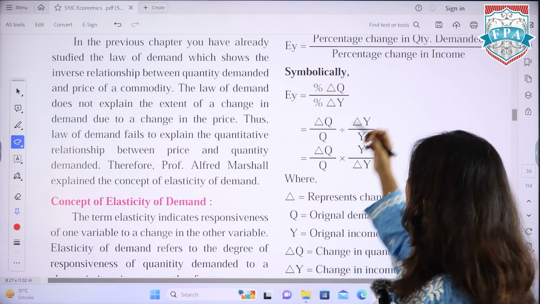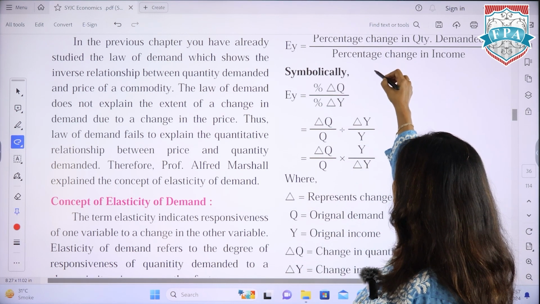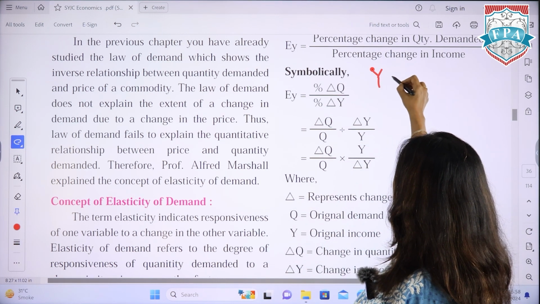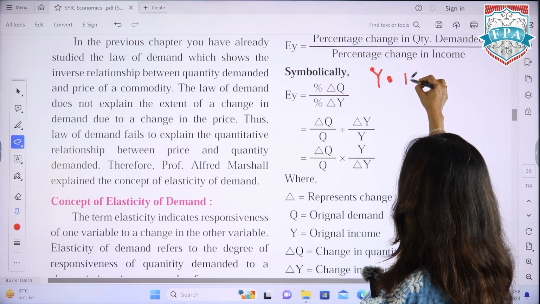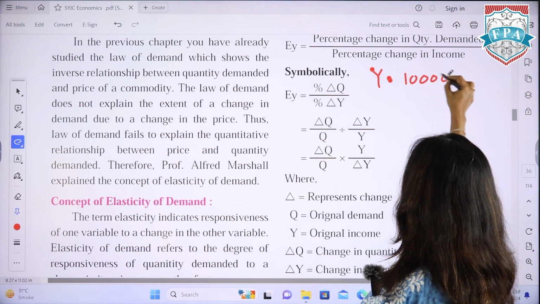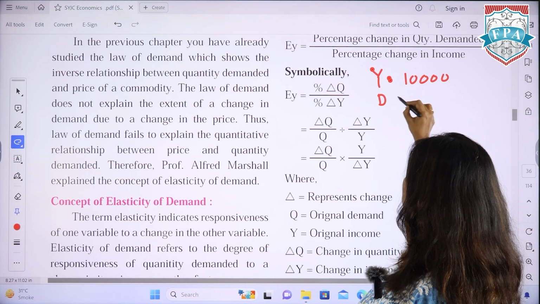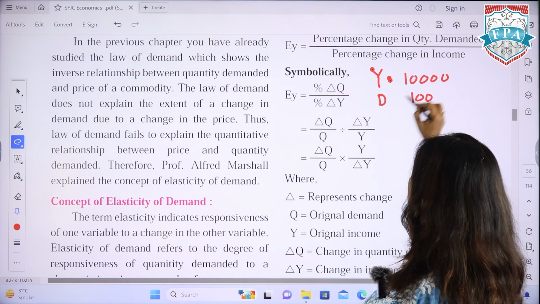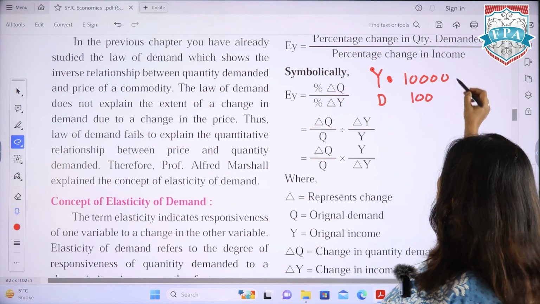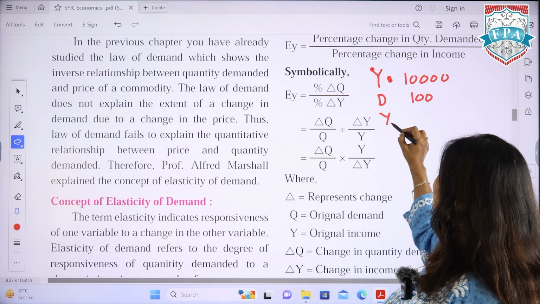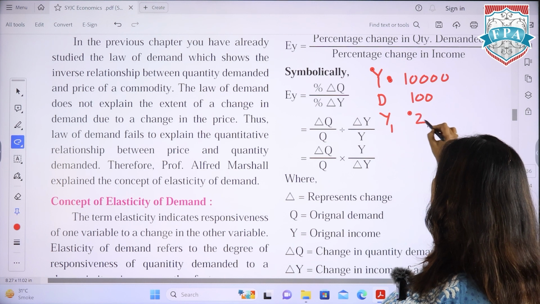And so if you look at the symbolic representation which is done, क्या ये फॉर्मूला हम खुद बना सकते हैं? हमने अपने एग्जाम्पल में लिया कि इनकम which is Y, original income was 10,000, right? And the original demand was 100 units. What is the change? The income, can I call it Y1, becomes 12,000.